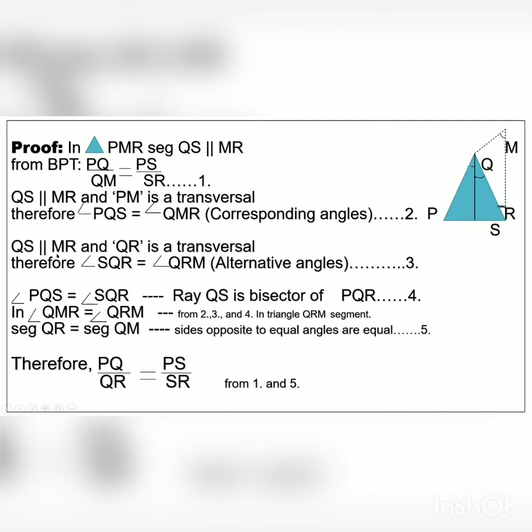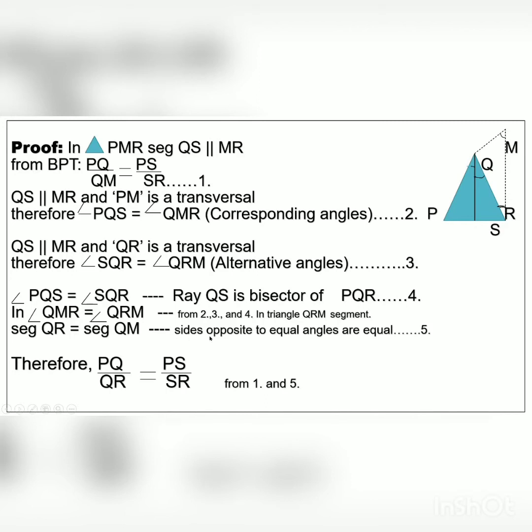So you can write here angle SQR is congruent to angle QRM. Reason is alternate angles. Equation number 3. Angle PQS is equal to angle SQR, because it is already given QS is a bisector. This is our equation number 4.